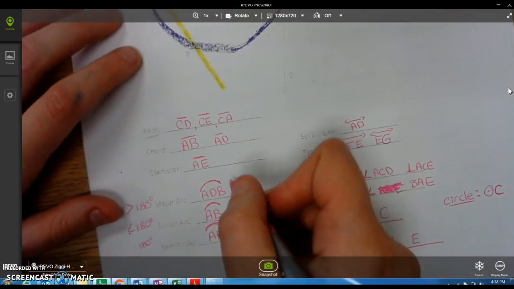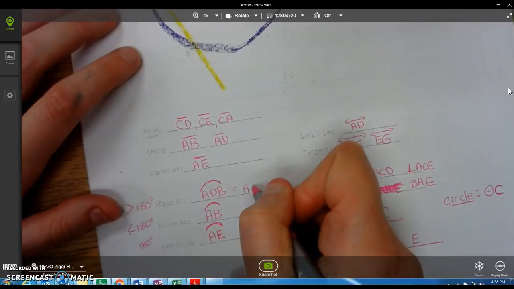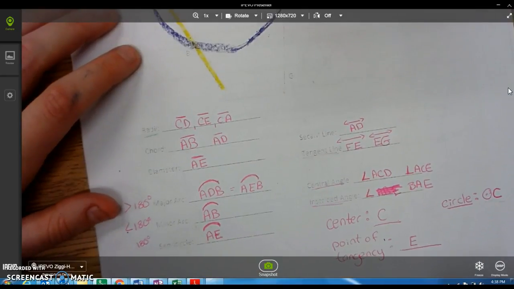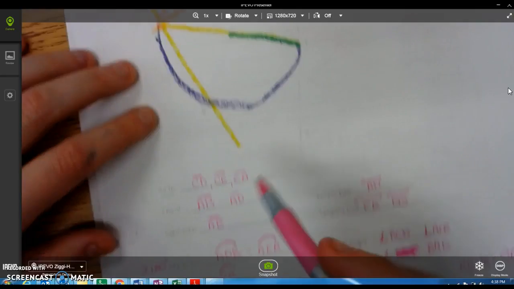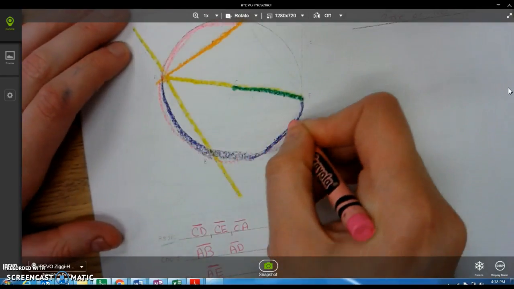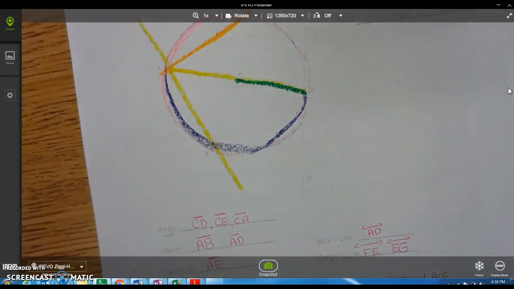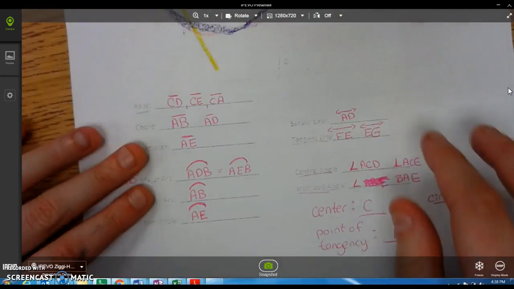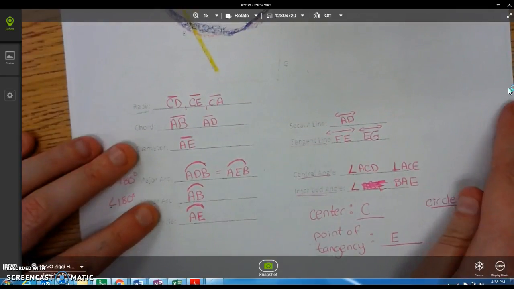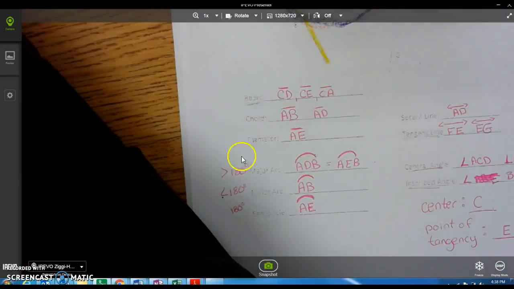So ADB is going to be the same thing as AEB, because they got the same endpoints, and they have a letter in between them, telling me that I went this direction instead of the other direction. Okay? So you should be able to do.